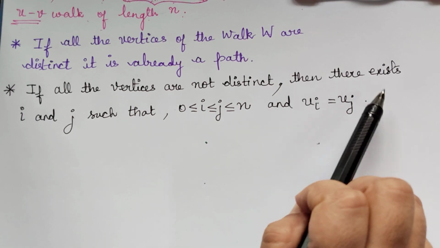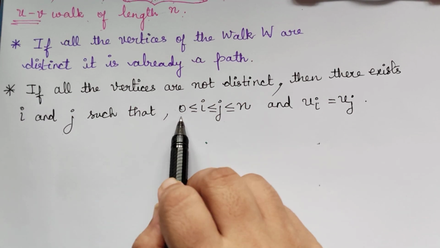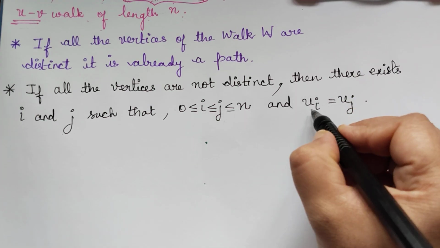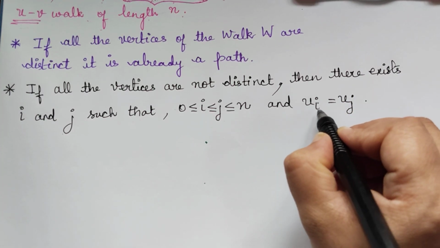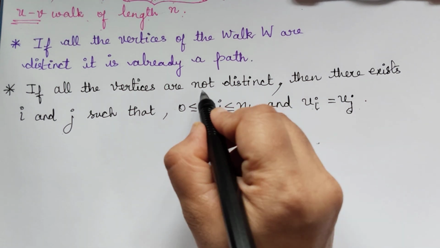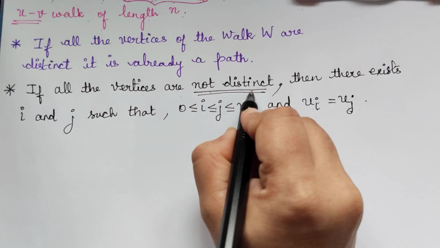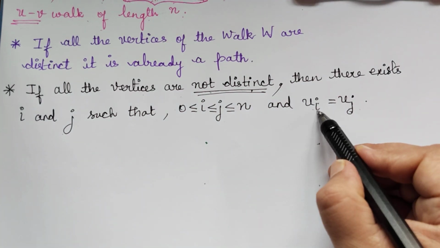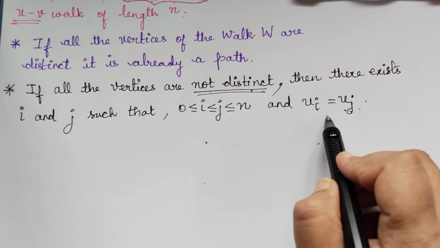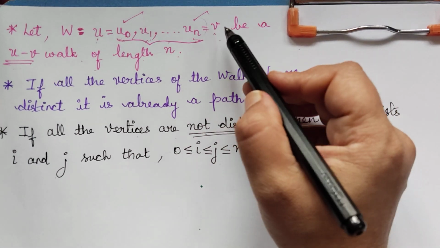For example, we take two values i and j such that i and j lie between 0 and n, and take ui to be equal to uj, because we are saying that the vertices are not distinct. We take one such vertex which is the same as the other vertex. So what will happen to this walk?